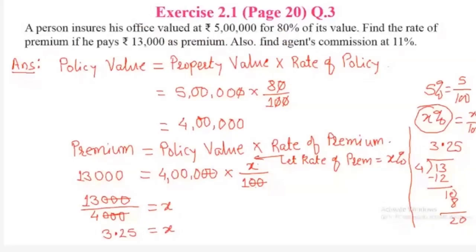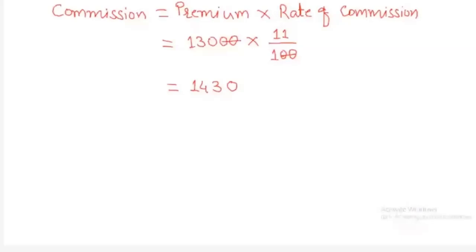Write down the final answer. क्या पूछा था? Rate of premium and agent's commission. Rate of premium is, if I write just 3.25, it is not correct. 3.25 के आगे क्या लिखना पड़ेगा मेरे को याद से? परसेंट लिखना पड़ेगा.